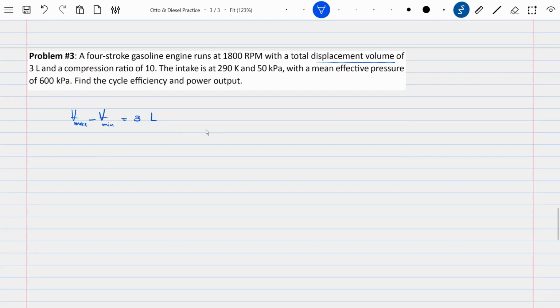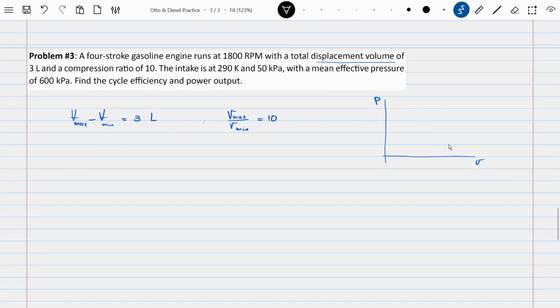For those of you who are curious, for the unit conversion, every 1 liter is 1,000th of a meter cubed. So this is exactly 0.003 meters cubed. The compression ratio is maximum volume over minimum volume, and this is 10.